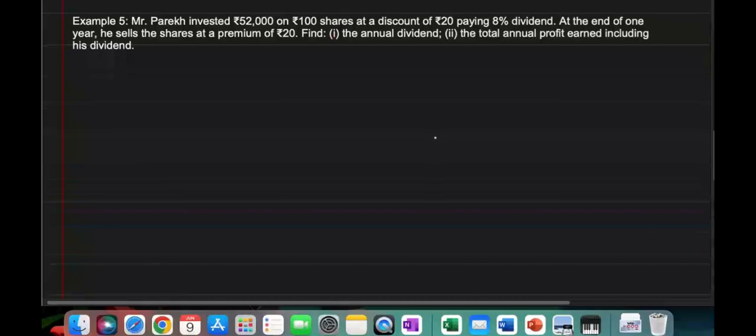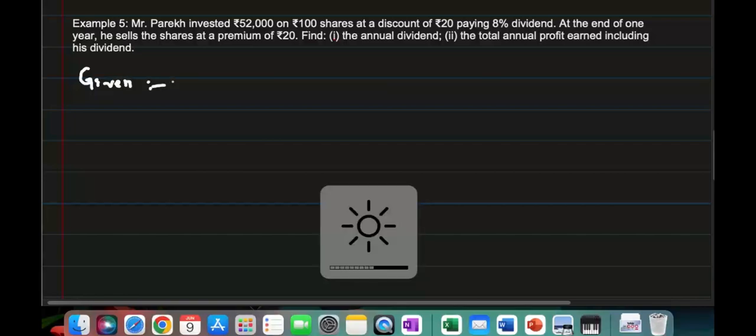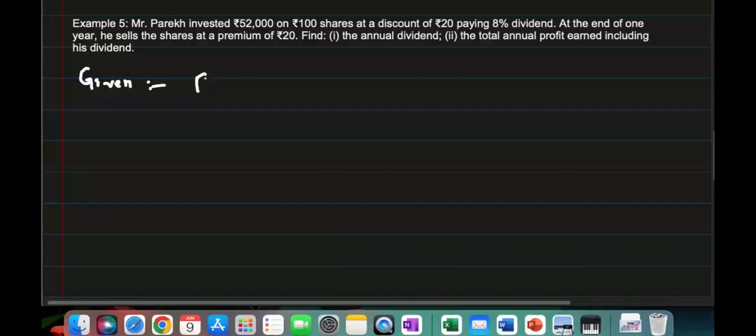Moving on, next example. Mr. Parekh invested 52,000 rupees in 100 rupee shares at a discount of 20 rupees. Here, same problem, 100 rupees is the face value given, and the market value is 80 rupees.